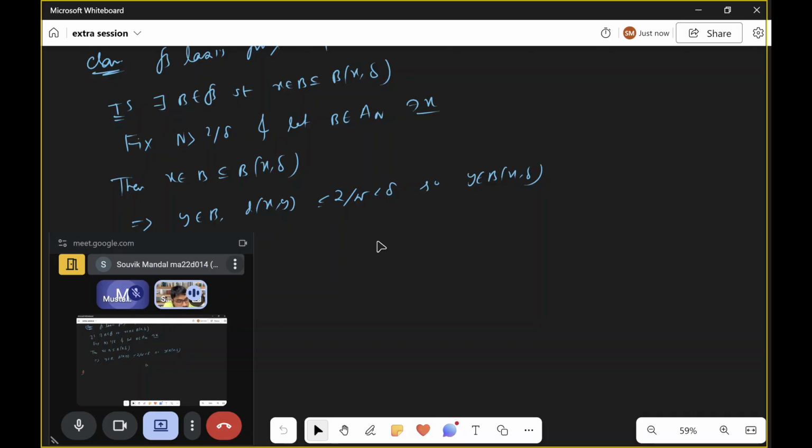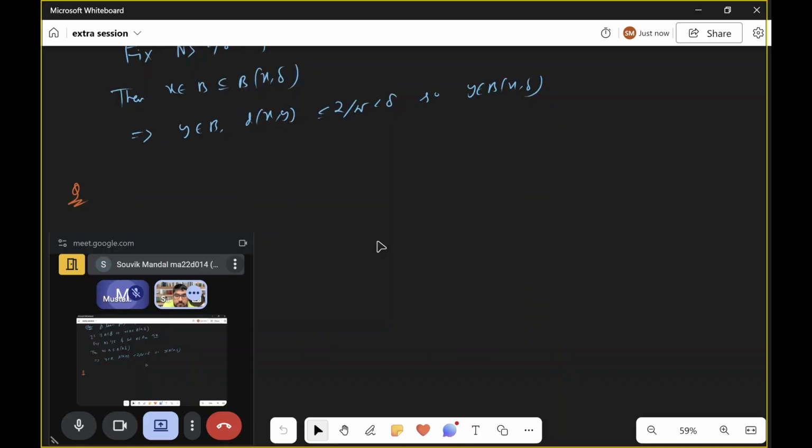The next problem is a very interesting problem. Show that every metrizable Lindelof space has a countable basis.